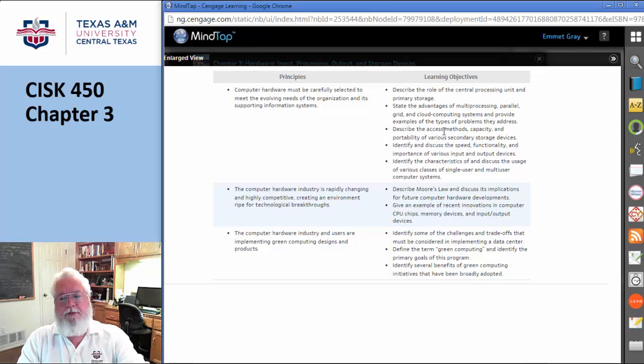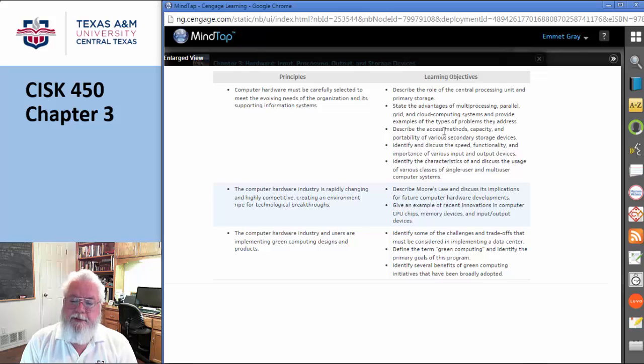So, learning objectives. Describe the role of the central processing unit and primary storage. Basically terms. State the advantage of multiprocessing, parallel, and grid computing. Describe access methods, capacities, and portabilities. Identify and discuss the speed, functionality, and importance of various input and output devices. Identify the characteristics and discuss the uses of various classes of single-user and multi-user systems.